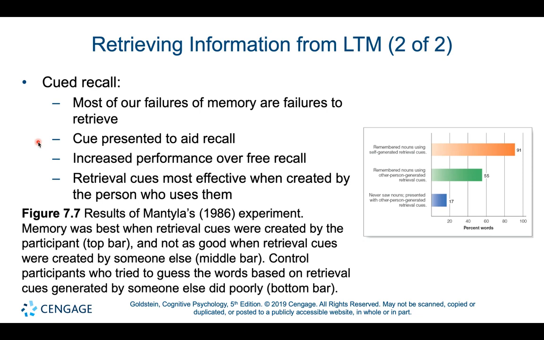He was in the National Treasure movies, right? You'd suddenly go, oh yeah, I remember those. Nicolas Cage, right? Boom. The cue helps you recall the information. And so if we provide better and better cues, or more and more cues, or more meaningful cues, then retrieval is increased. We're more successful.